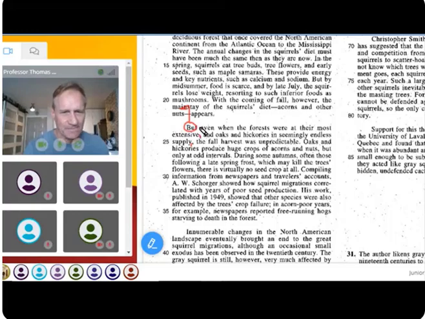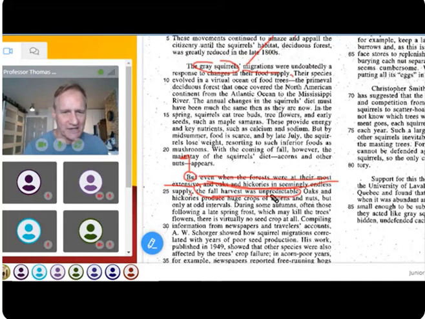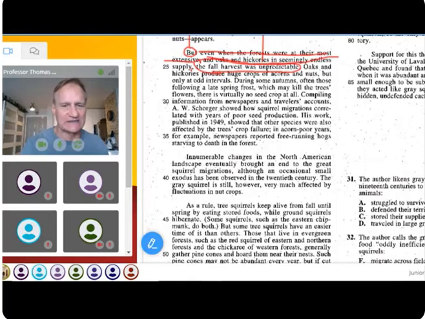Even when the forests were most extensive and oaks, all this can be knocked out. It says, the fall harvest was unpredictable. We knocked that out. And now we see that that's got to do something with migration. So when the fall harvest is unpredictable, what are the squirrels going to do? Leave. They're going to migrate. There's no food there. 3 lines of text went down, and now you see how the topic sentences are really linked together in a nice way.